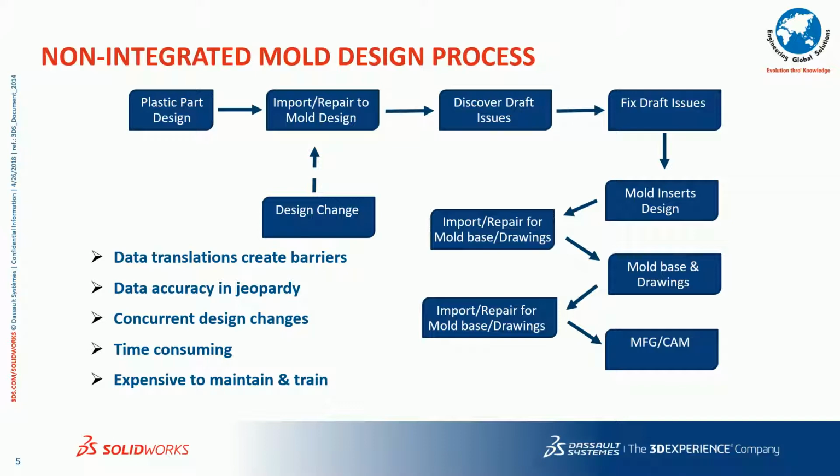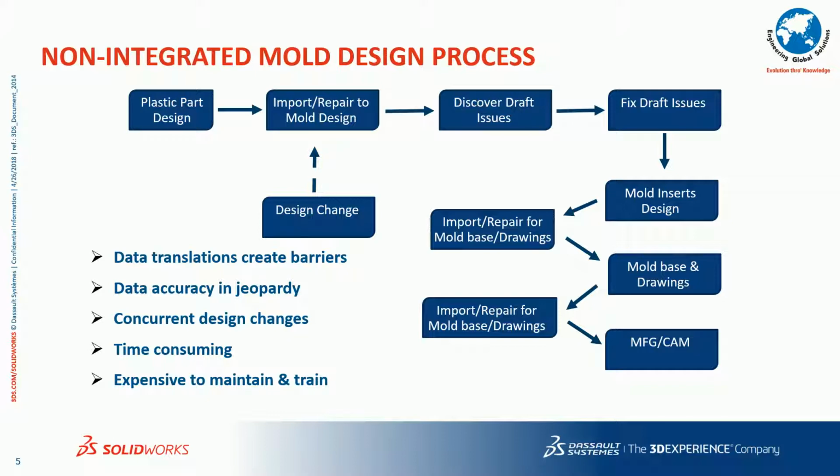The general non-integrated mold design process in a company looks like this graph. First you design the part, and after that you check whether there is any problem or repair needed with the design. Once you have done this predefined analysis, you discover whether the draft allows the core and cavity to be removed properly, or whether there are any issues in the draft, and then you fix them. Then you make a mold base or drawings, and once all that is done, you send it to manufacturing or integrate with CAM to generate the NC program.